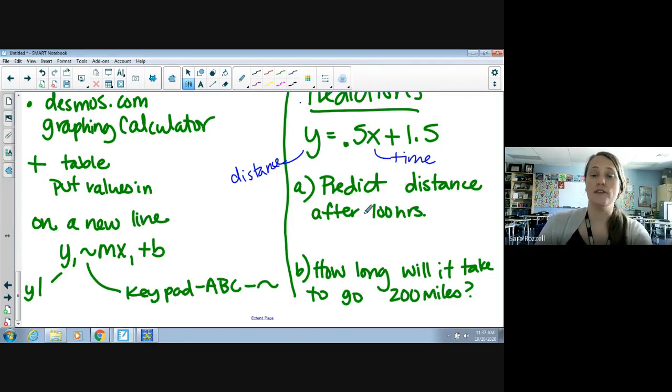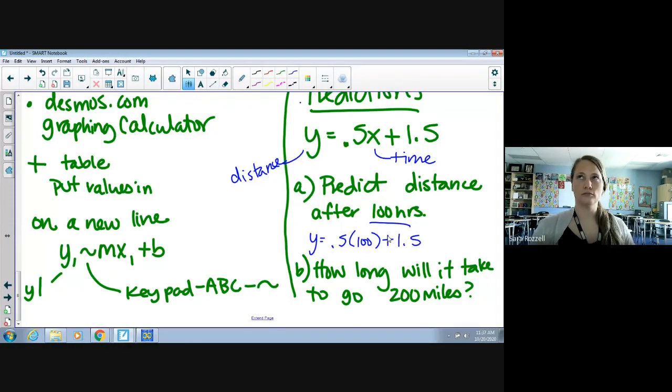So when you have these prediction problems, you need to figure out, is the number they give me going to go in for X or for Y? So I always make sure I know which one is time and distance, or whatever measurements you're using. So I'm just going to plug 100 in for X, and that will give me my distance after 100 hours. So Y equals 0.5 times 100 plus 1.5. We can put that in the calculator super fast.